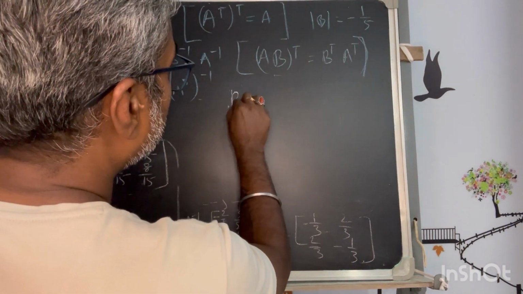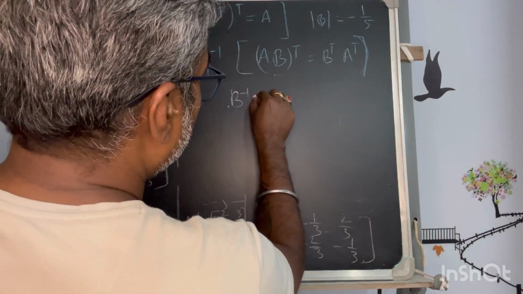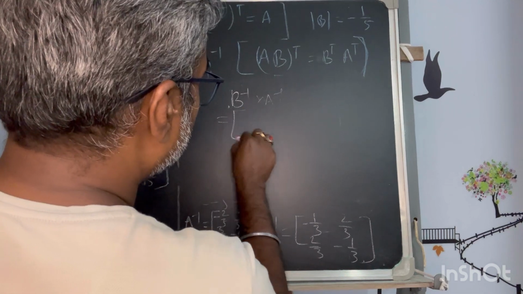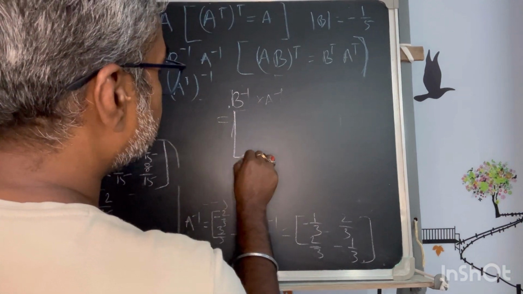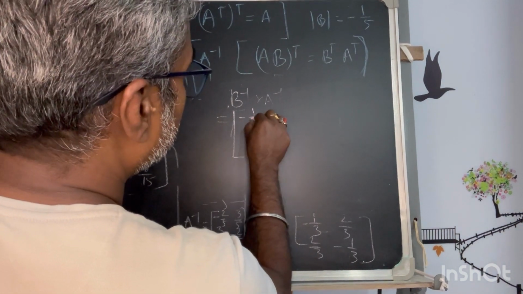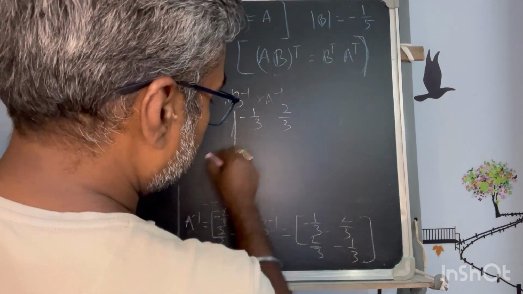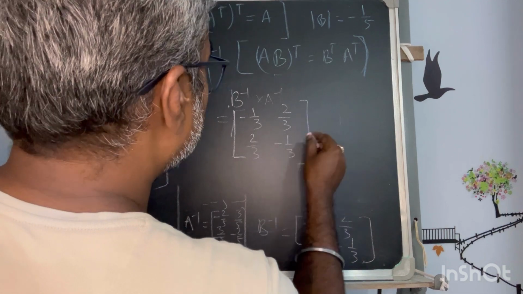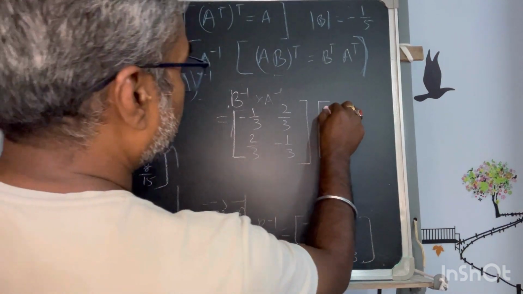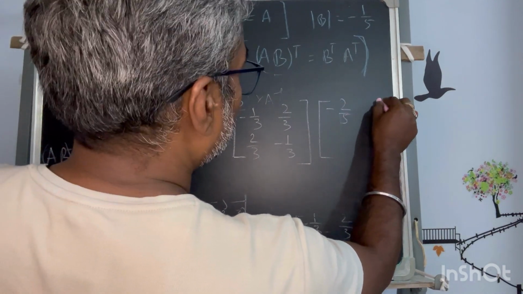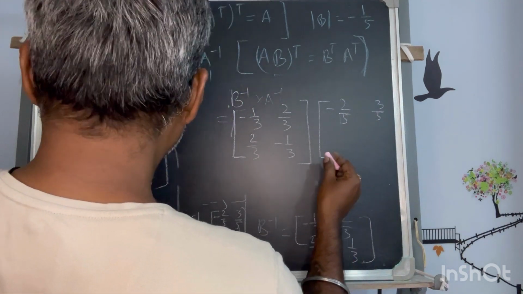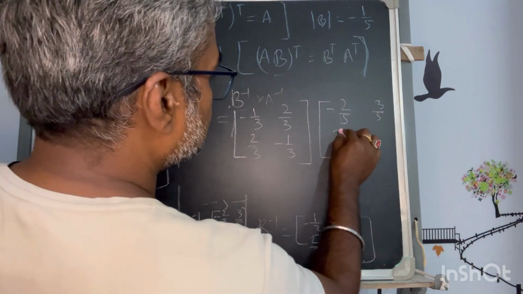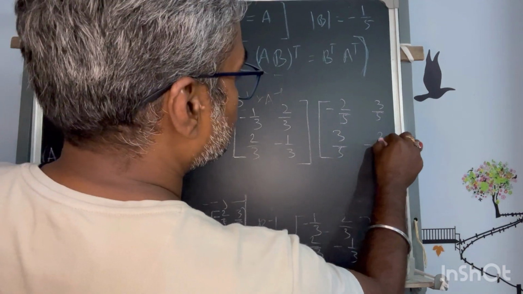So I need B inverse into A inverse. B inverse is, I will write the matrix here, minus 1 by 3, 2 by 3, 2 by 3, minus 1 by 3, into minus 2 by 5, 3 by 5, 3 by 5, minus 2 by 5.